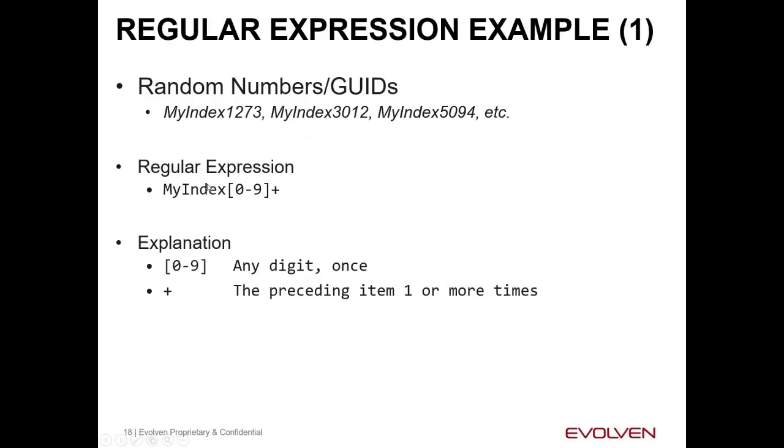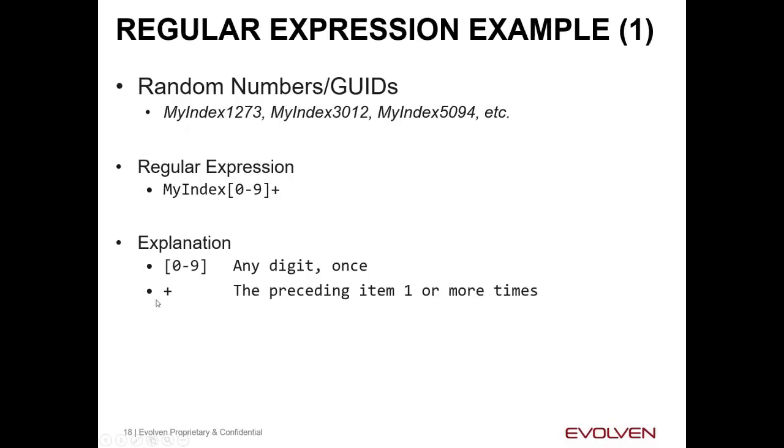And here it says specifically once. So what if I just had myIndex and then square brace 0-9 square brace and not the plus? It would mean myIndex 1, myIndex 5, myIndex 6. Any of those would be valid, but myIndex 12 would not. myIndex 1273 would not.